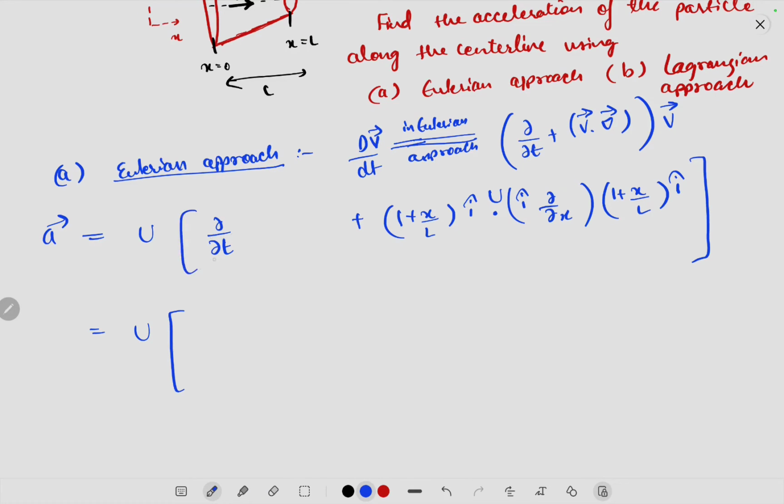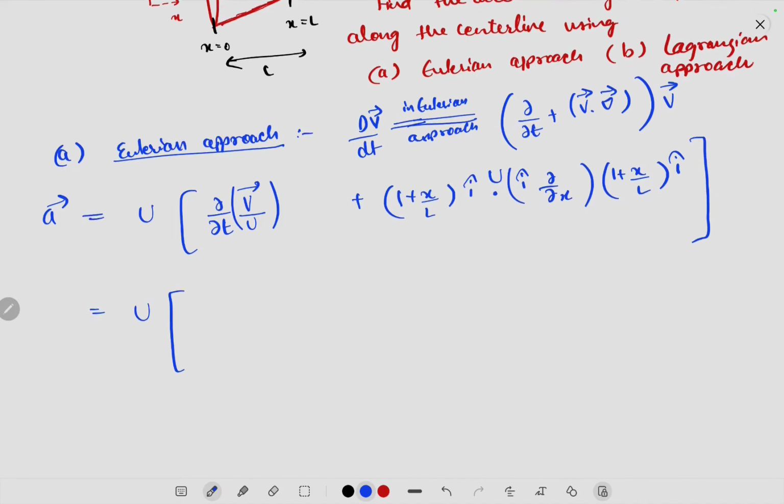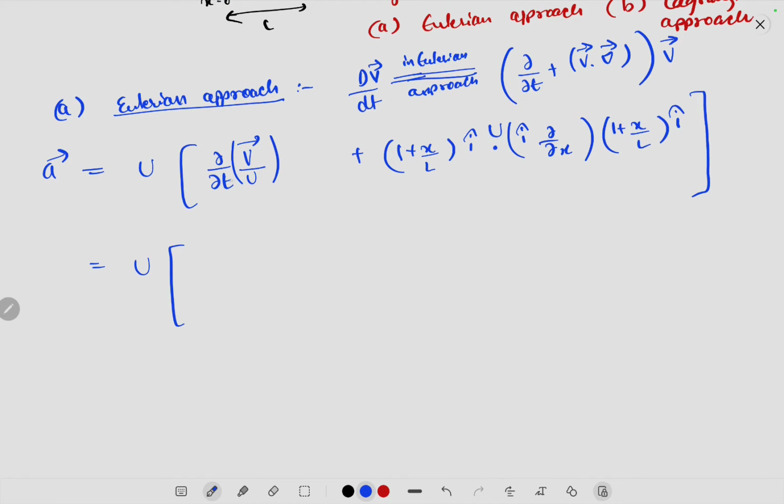So this was del v by del t if I don't take u outside, or if I take u outside, this will be divided by u. Okay, so this will be like this, and we are given that this is 0. So this term will become 0, and we are left with only this term.